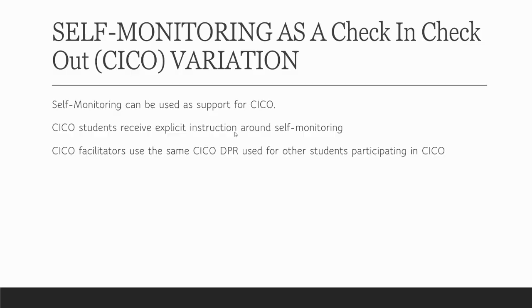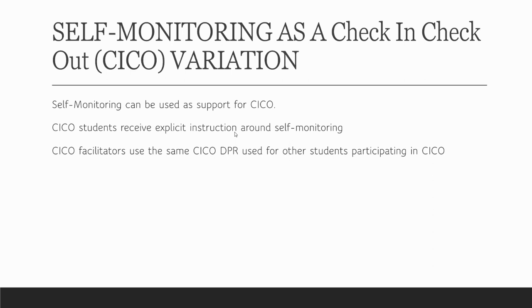So as we said, and we talked about in earlier videos, self-monitoring can be used as a modification to other interventions such as check in and check out. So when we're thinking about self monitoring as a modification for check in and check out, of course, self monitoring can be used as a support for check in and check out.